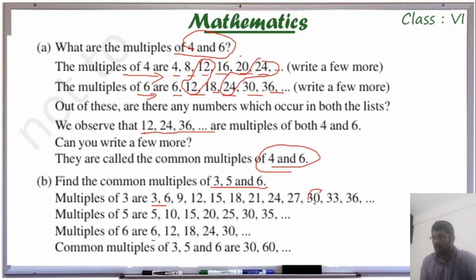The next common element will be 60, just twice 30. So 30, 60, etc. are the common multiples.